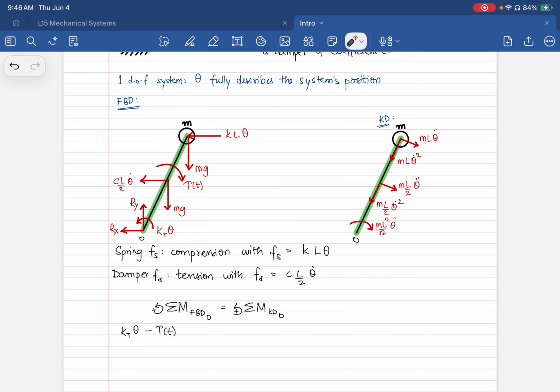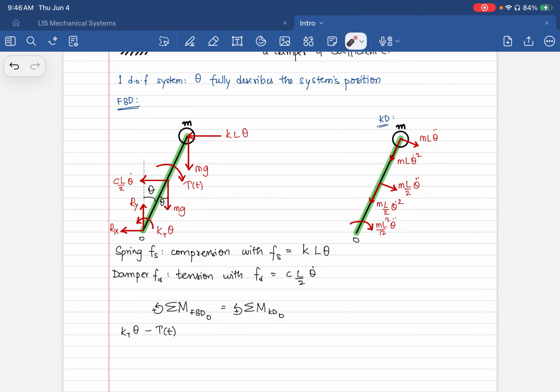Now you have to look at the forces. So here, this is a force. Its line of action is at a distance of this much away. If I were to now define the angles, you have angle theta here, which means that this angle is also theta.